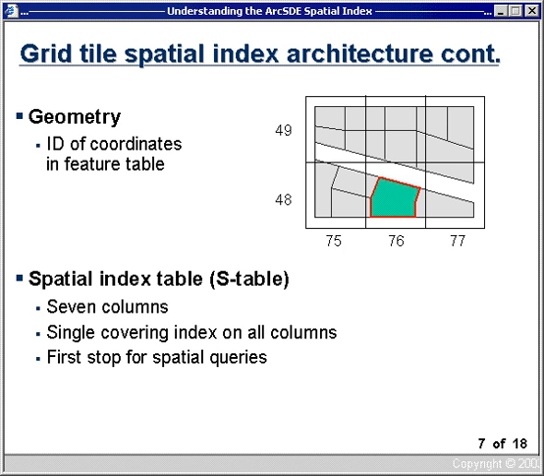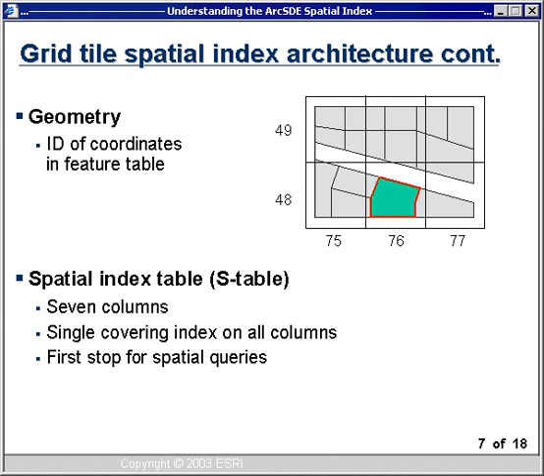So this is the contents of the spatial index table. We've got these 7 columns. They all contain integer values, so it's extremely rapid for the RDBMS software to search through these values. As well, we have a large covering index across all 7 columns. And the spatial index table is really the first stop for any spatial query.